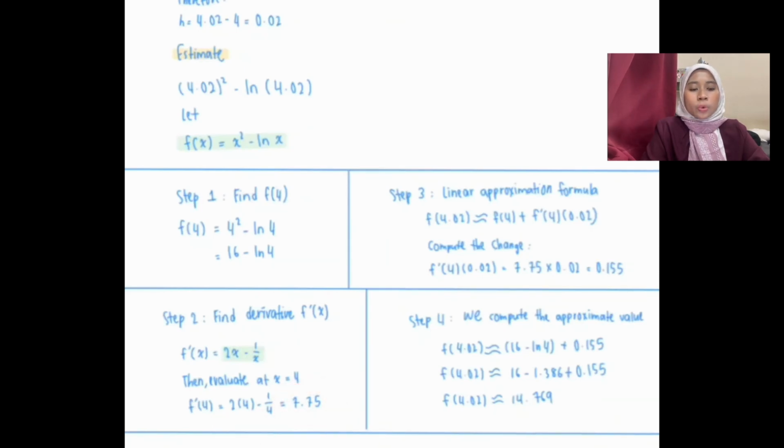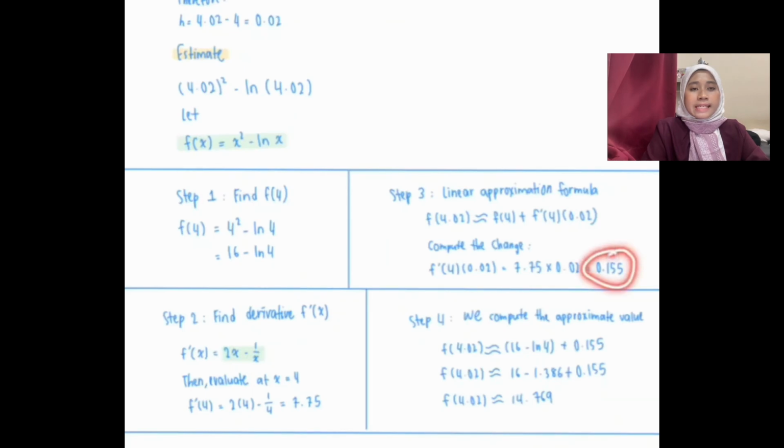Step 3, we're going to use the linear approximation formula. So f(4.02) approximately equals f(4) plus f prime(4) multiplied by 0.02. So we compute the change, and then we get 0.155.